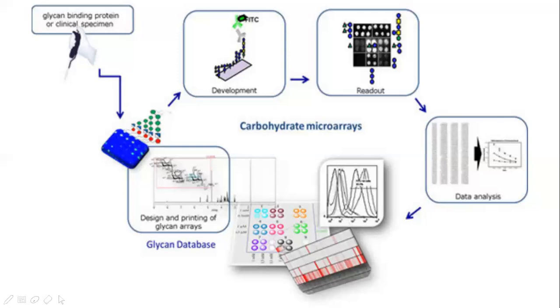In lectin, antibody, and antigen analysis, in the case of virus antigens, mostly they are glycoproteins, so the glycan moiety is there. So analysis of these pathogens or lectin proteins, and also homology of those proteins, can be performed using the carbohydrate microarray technique.